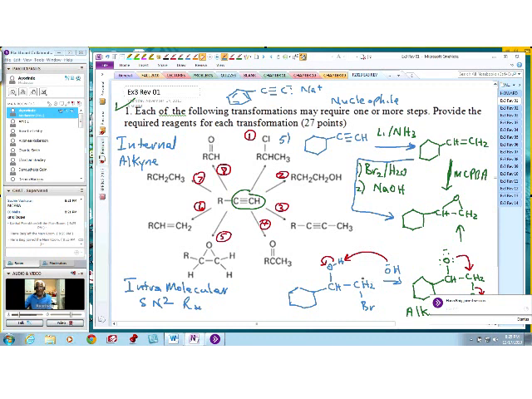You see here, in an SN2 reaction, you have a strong nucleophile, and then you have a primary substrate in which the leaving group is attached to a primary carbon. So this is an excellent case for an SN2 reaction. Okay, so now we've done 5. Let us go to 6.